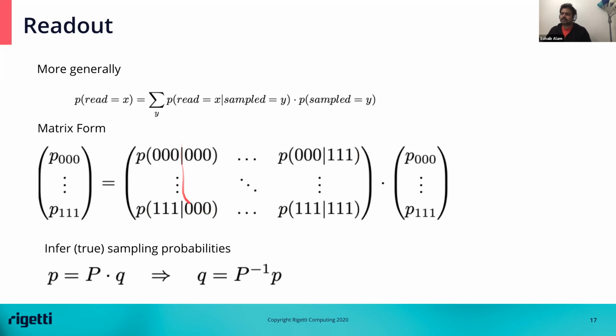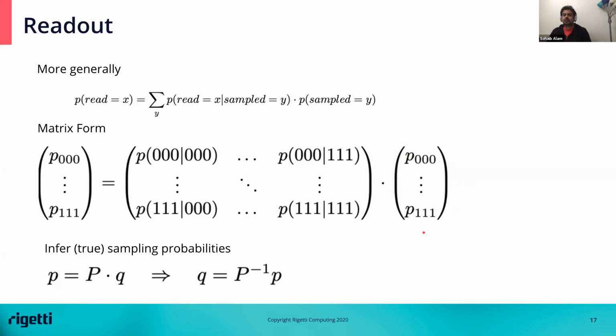So this is what we call a confusion matrix, right? Where we're saying there was a true sampling performed, the true state of the qubits was this thing on the right-hand side, but we actually read it out like this, okay? And this thing on the right-hand side is of course what the true sampling probabilities are.